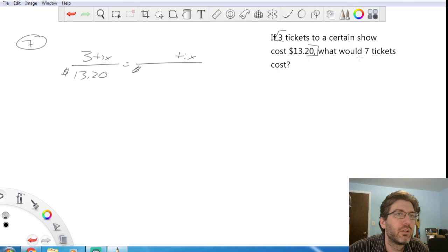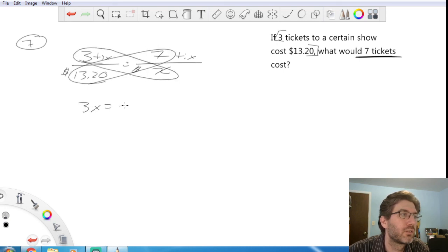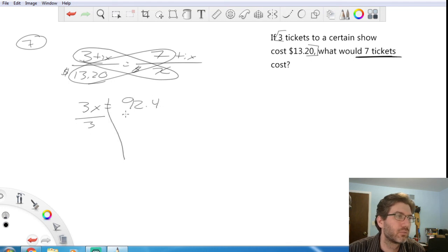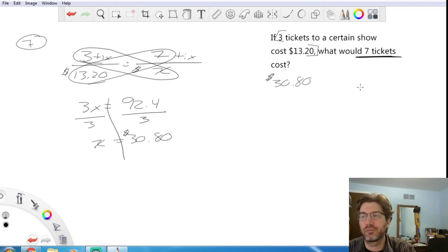This is money. 7 is tickets. So that's all for X.